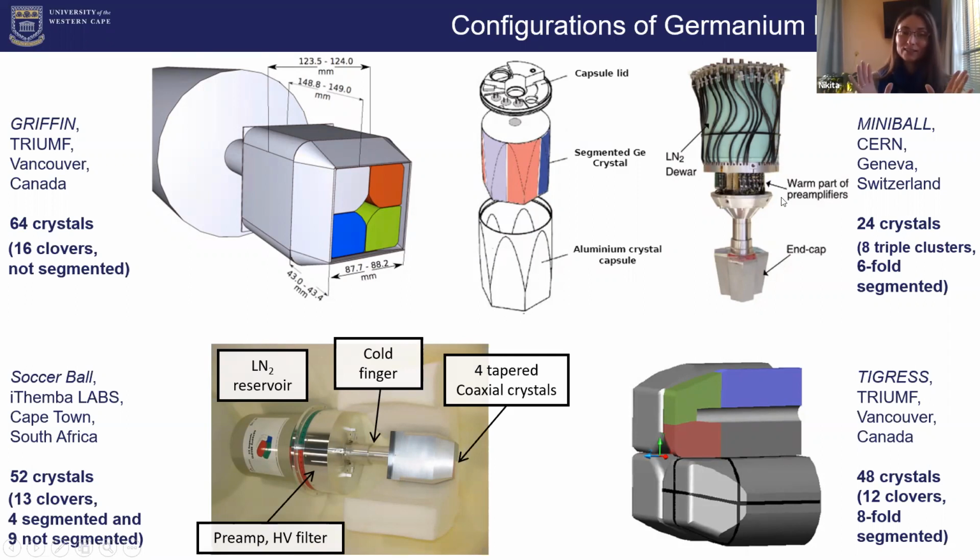So physically, this is what the detectors look like, and we're always looking at germanium crystals. Most specifically, we call them closed-end coaxial right cylinder crystals. As you can see over here, this is a cylinder, and there is a hole in the center, so we call it coaxial for that reason. There is a hole in the center, but it doesn't go all the way through, which is why it is closed-ended. The TIGRESS detector is the same thing.